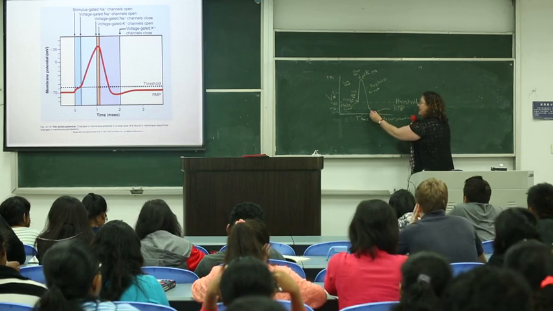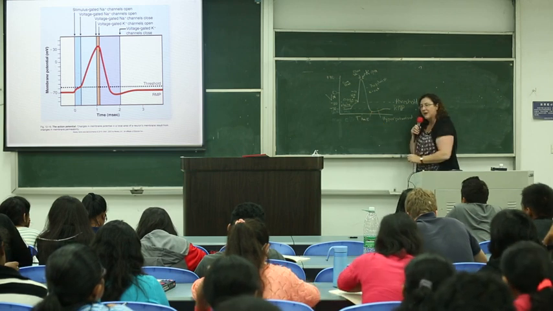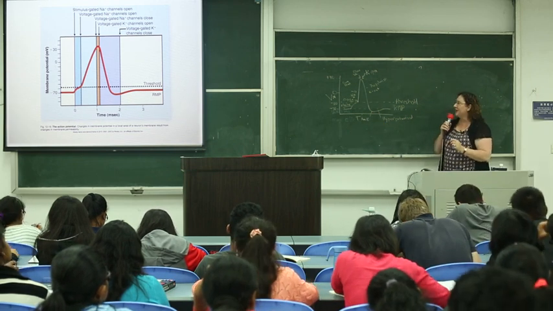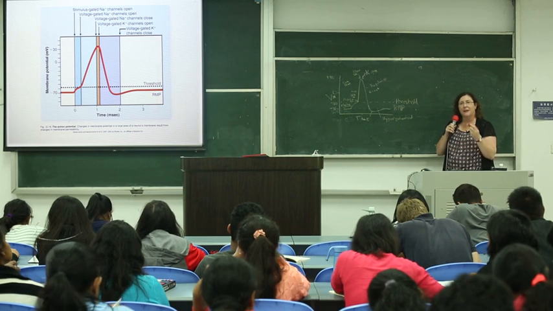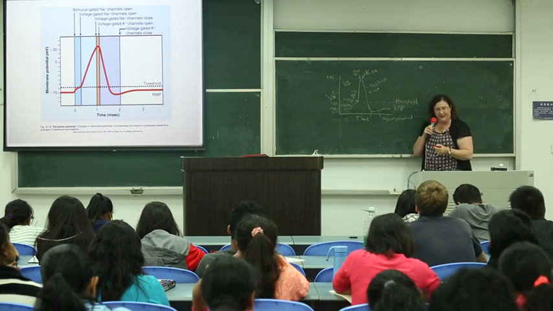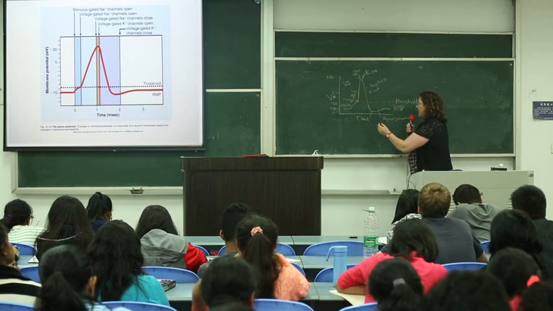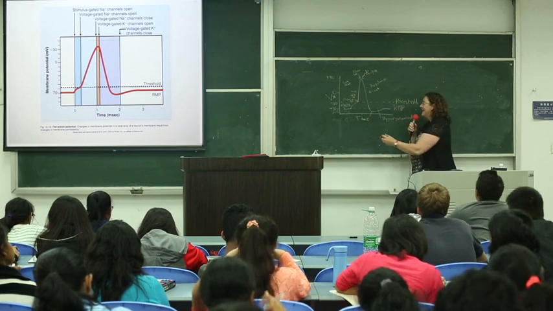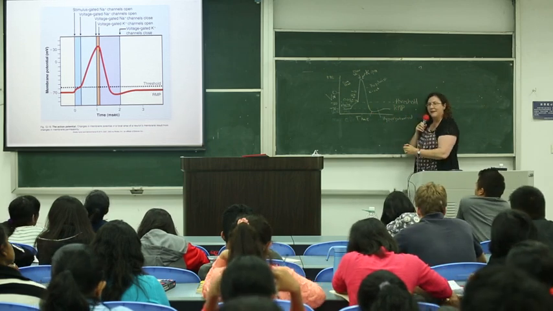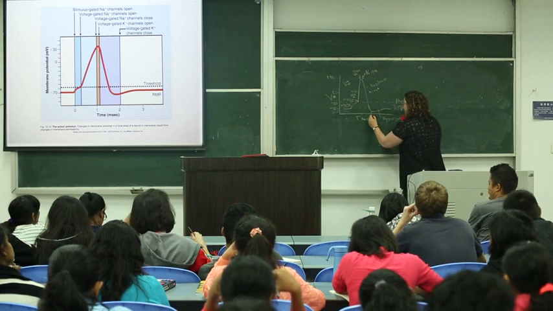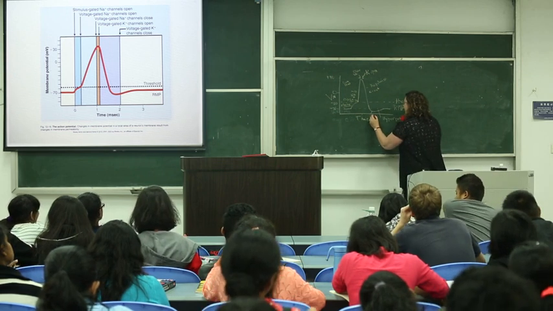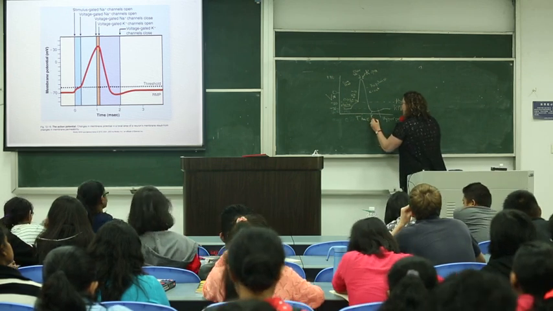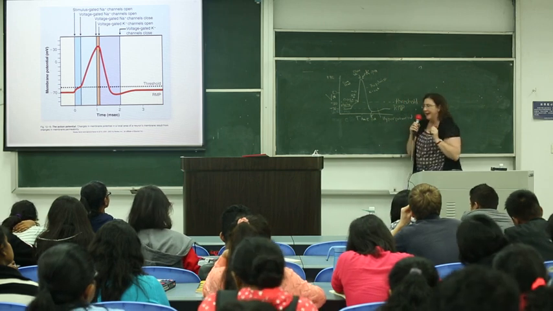They're closing down here, at the bottom. Not at the resting membrane potential, but at the hyperpolarization stage. So when you get to your lowest point and it starts to go back up, you have closed your potassium channels. K close.